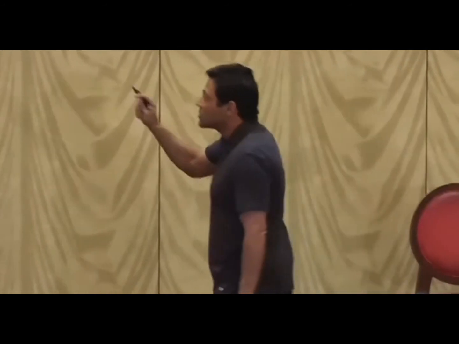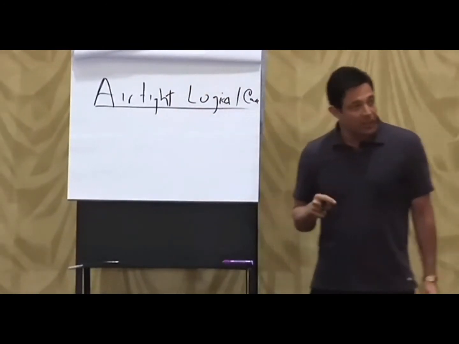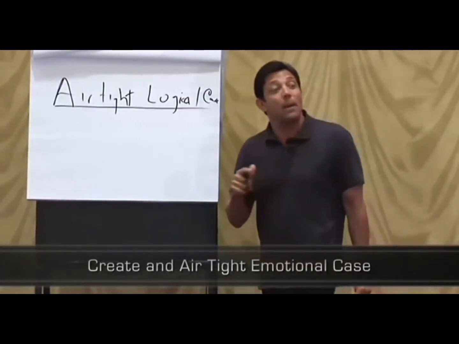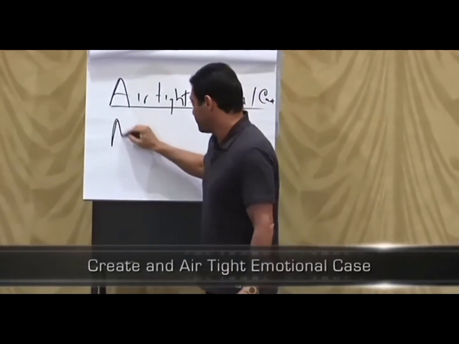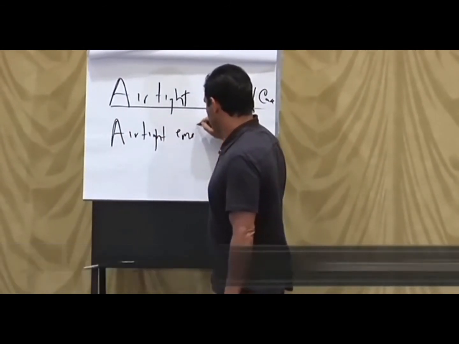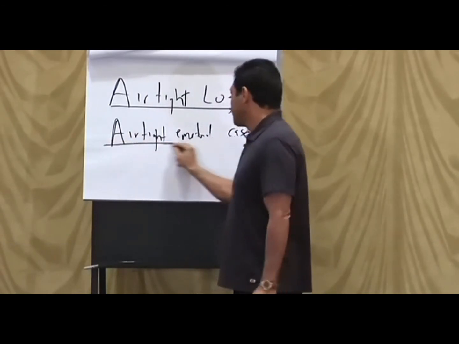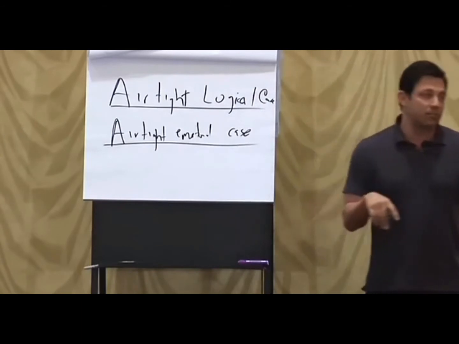People are smart. We're logical creatures and we're emotional creatures. Both must be in place. So you must create an airtight logical case. Secondly, you must create an airtight emotional case. Those two things must be in place.